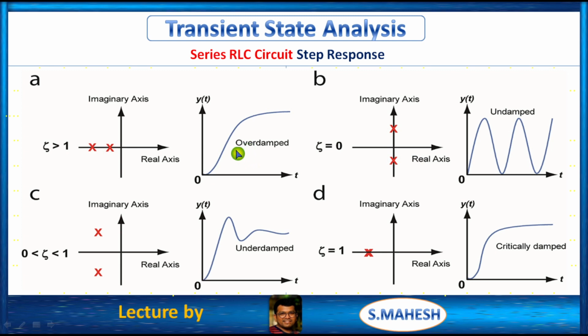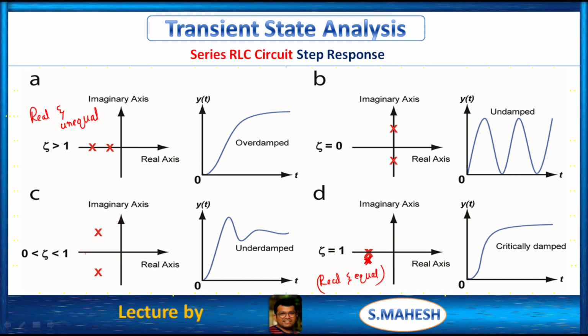If you check this diagram with that initial diagram itself: if zeta is equal to 1, we have real and equal poles, multiple poles at the same location. Here the poles are real and unequal, and here they are real and equal. That's why we have to provide the same location.